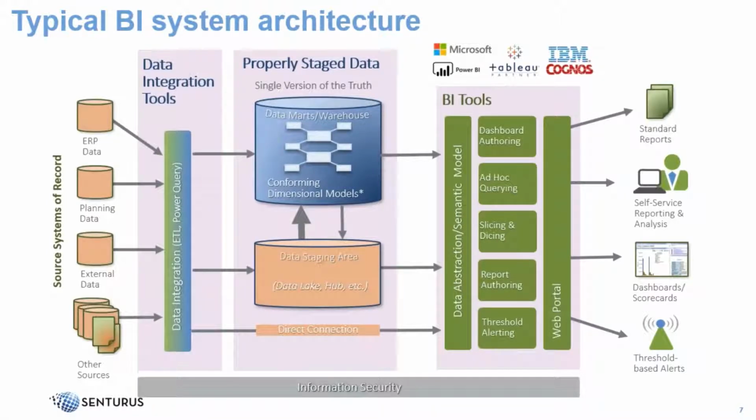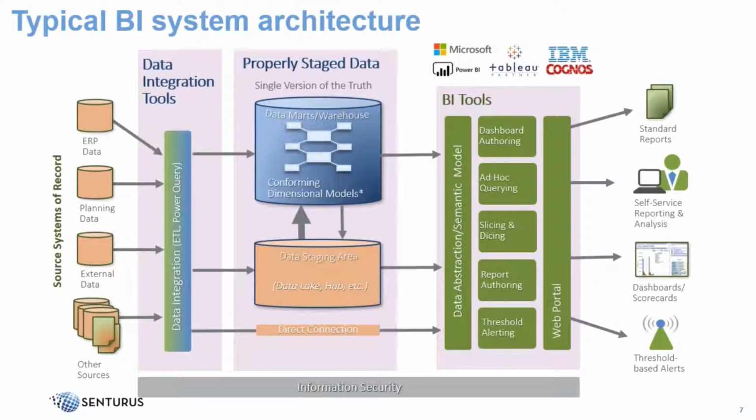I'm not going to talk to the gory detail, but the essence is you've got a bunch of source systems. The more data you can pull in, the richer your data set is for making decisions. You typically use some form of tool to integrate that data into usually some form of repository.